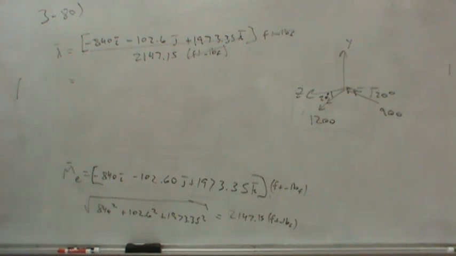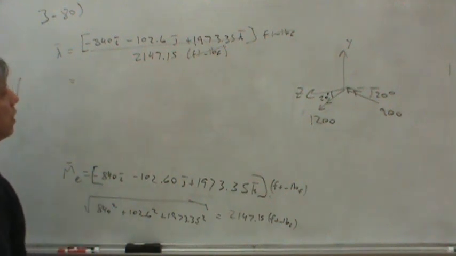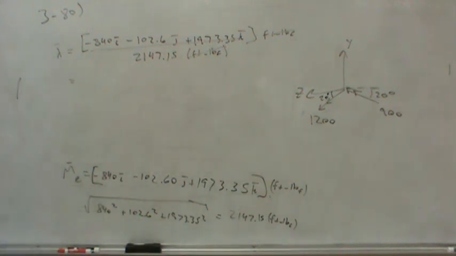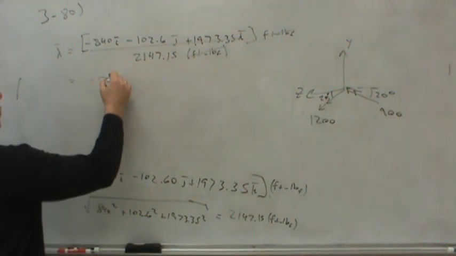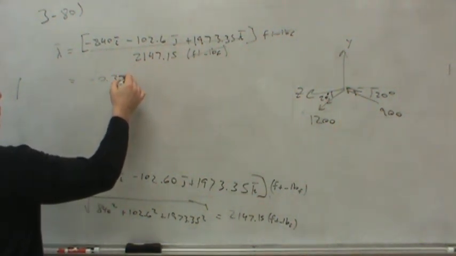So take 840 divided by 2147.15. What do you get, please? We'll calculate each of the components. Obviously, the largest component is in the K direction. 0.39. How many decimals did you want? Yeah, two more if you got it. 1, 2.